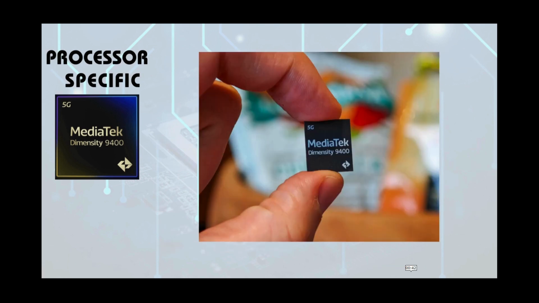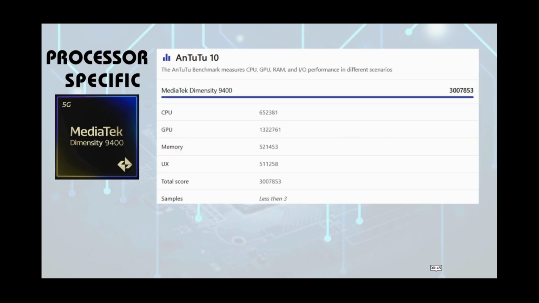Next we can see the AnTuTu score. This comes to around 30 lakh 7,853. We can see the constituent CPU, GPU, memory, and UX scores.